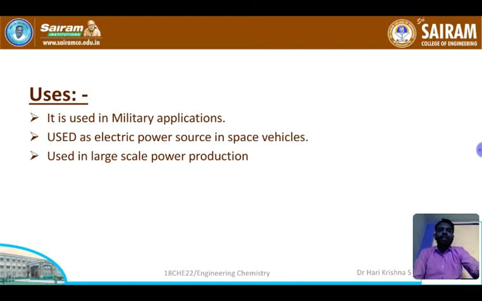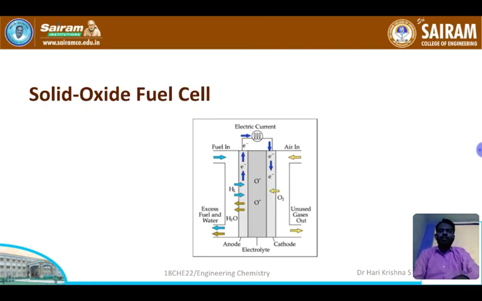The next type of fuel cell is the solid oxide fuel cell. The construction is similar to the methanol oxygen fuel cell, where it has an anodic chamber and a cathodic chamber, each with a separate anode and cathode. The only difference is that the electrolyte is made of a solid. Solid oxide means the electrolyte is made of a solid.